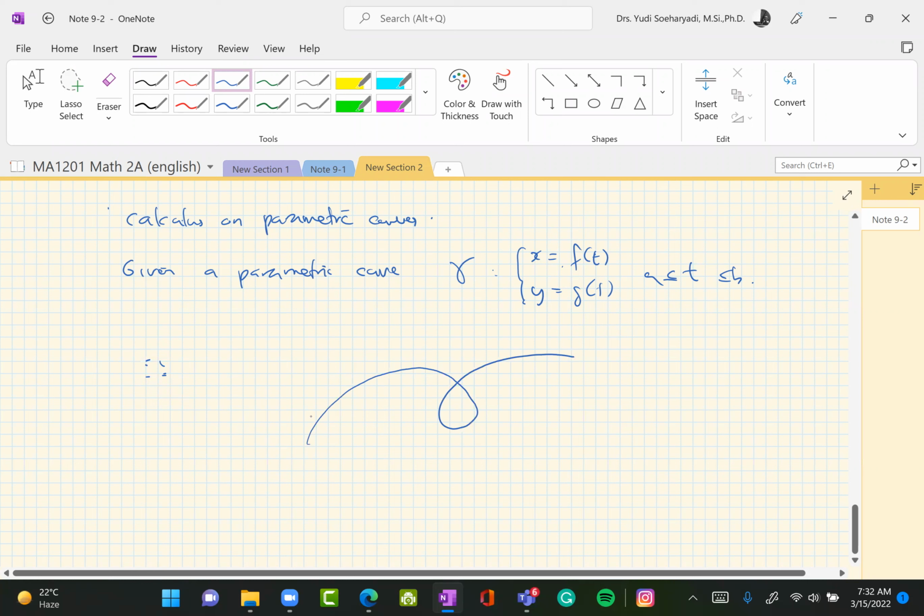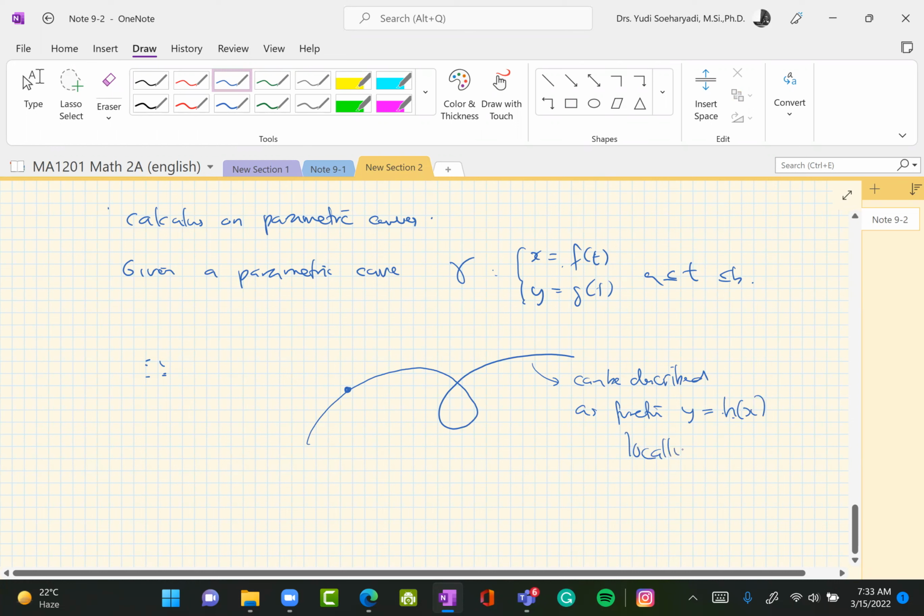Okay, so here you can describe this as a function. Here, can we describe this as a function, say h of x? Locally.